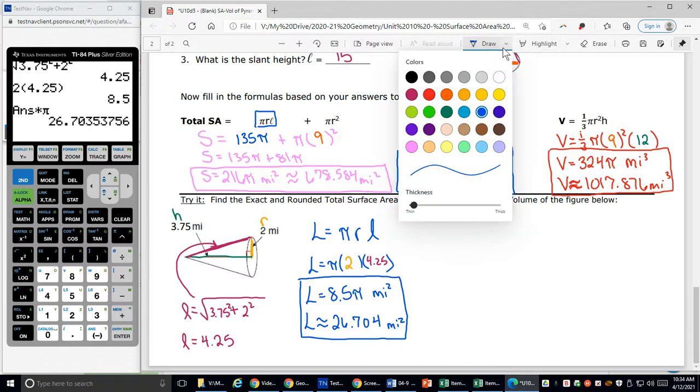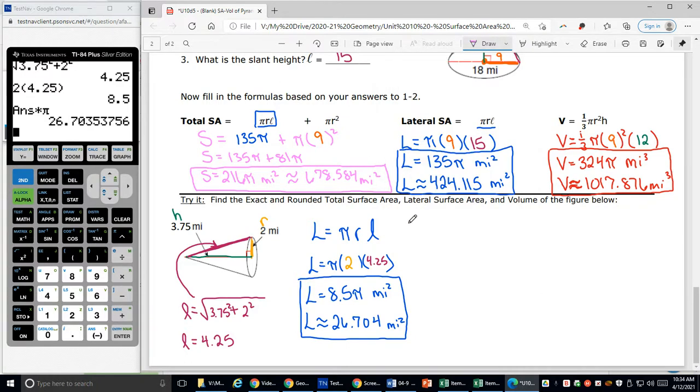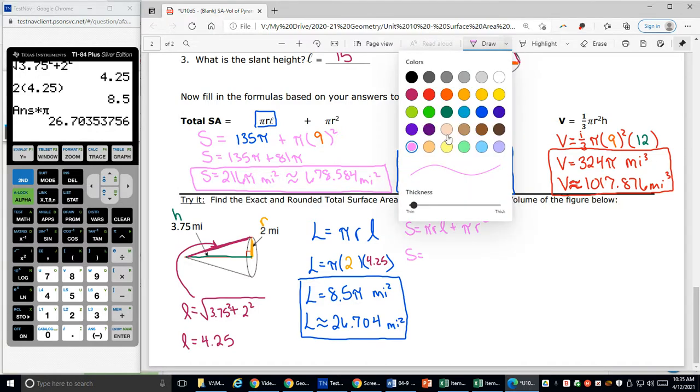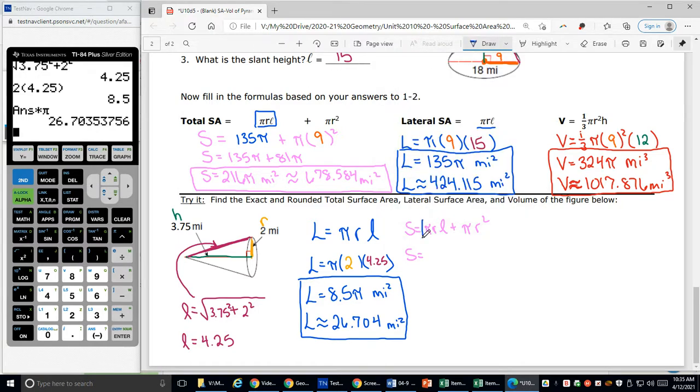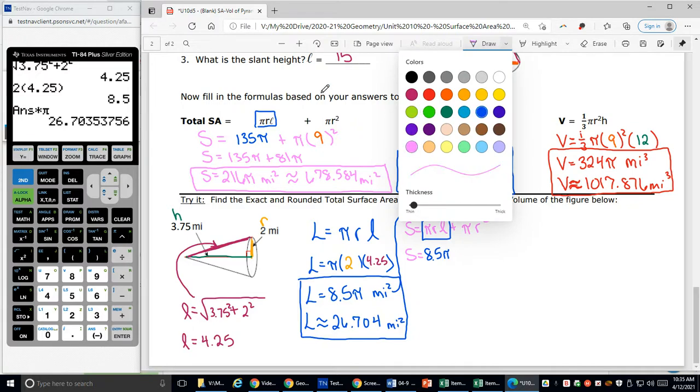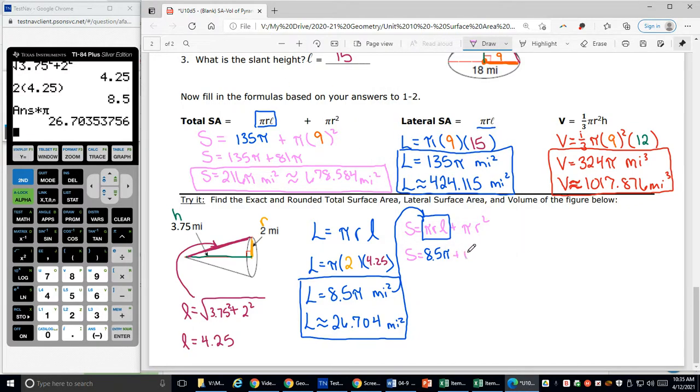Okay, so then when I look at my surface area equals pi RL plus pi R squared. Pi RL we've already found, right? Pi RL is my lateral surface area. I'm going to use the exact answer, not the rounded answer. So my 8.5 pi plus pi R squared.